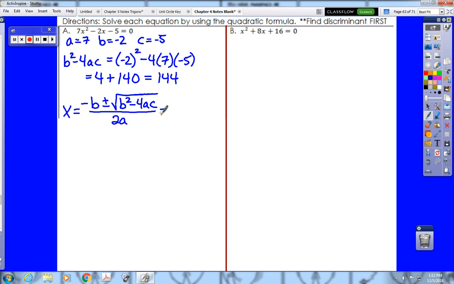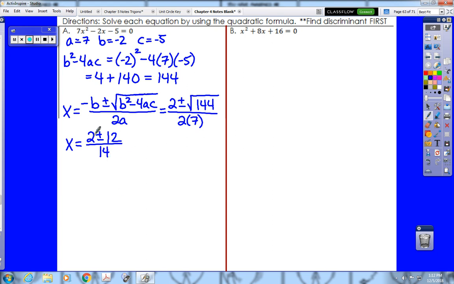B is negative 2, so the opposite of b would be 2, plus or minus the square root of the number that we already found for the discriminant, 144, over 2 times a, which is 7. So that means x is 2 plus or minus the square root of 144, which would be 12, over 2 times 7, which is 14.